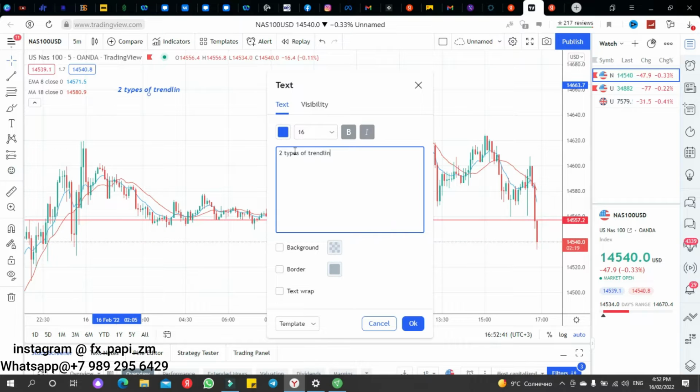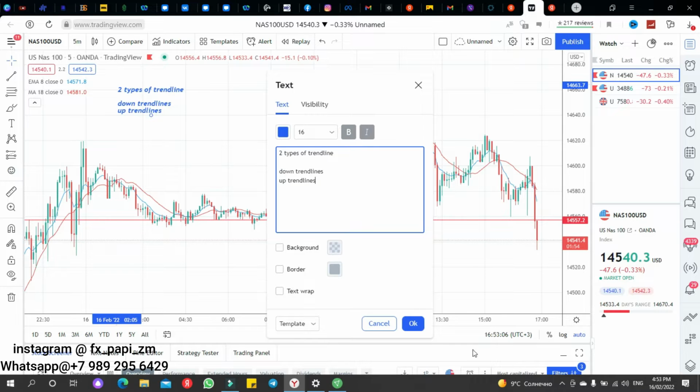So we have two types of trend lines, which are the down trend line, or you can call it the bearish trend line, and we also have the up trend line. The up trend line, guys, you can also call it the bullish trend line.